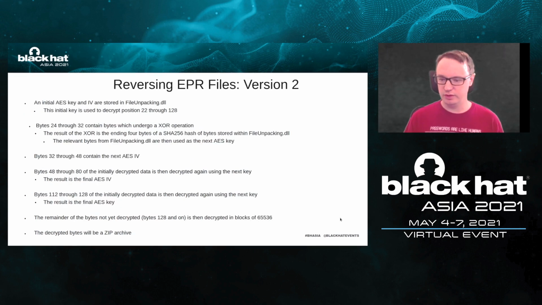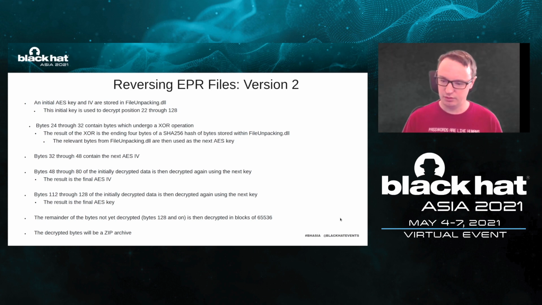For version 2, we start with an encrypted header and use an AES key and IV that is hard-coded in the unpacking DLL to decrypt it. The first envelope is open now. Josh Harden, a colleague of mine, helped reverse some of the second envelope. For this one, we XOR 2 D words together, which produces the ending D word of a SHA-256.